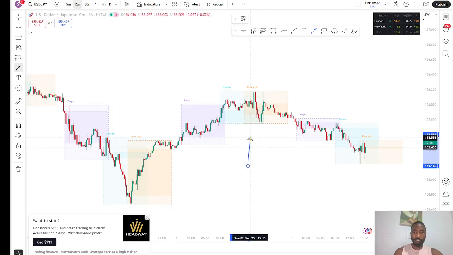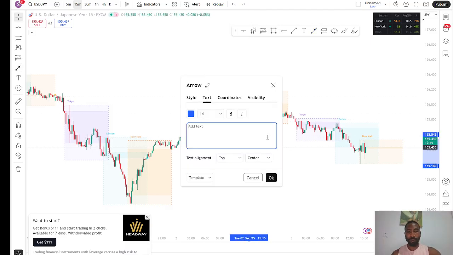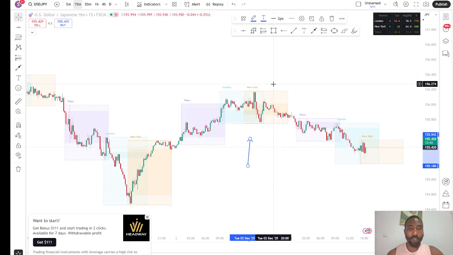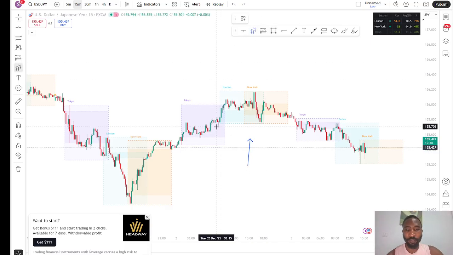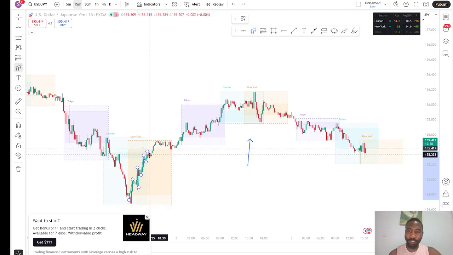So every single time you enter, what we can see is the market creating higher high, higher low, higher high, higher low, higher high, higher low, higher high. This is how the correction is always happening.